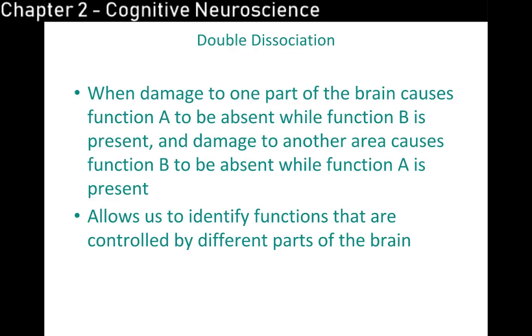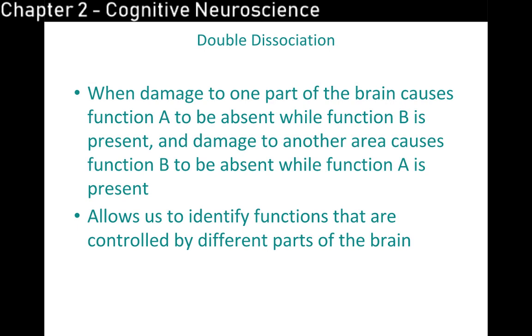Another thing, on top of just these individual areas of the brain being influenced by damage, we can also look at how we have this double dissociation, which essentially means that sometimes damage in one area of the brain can result in one function being absent, while another function is unimpaired.